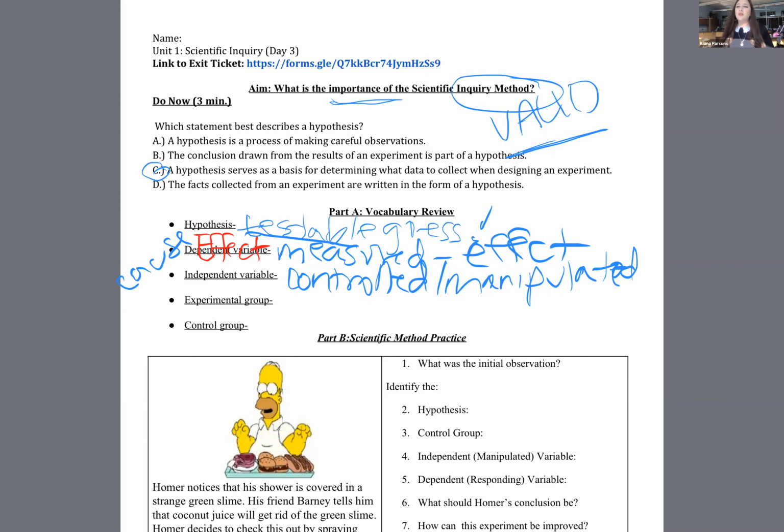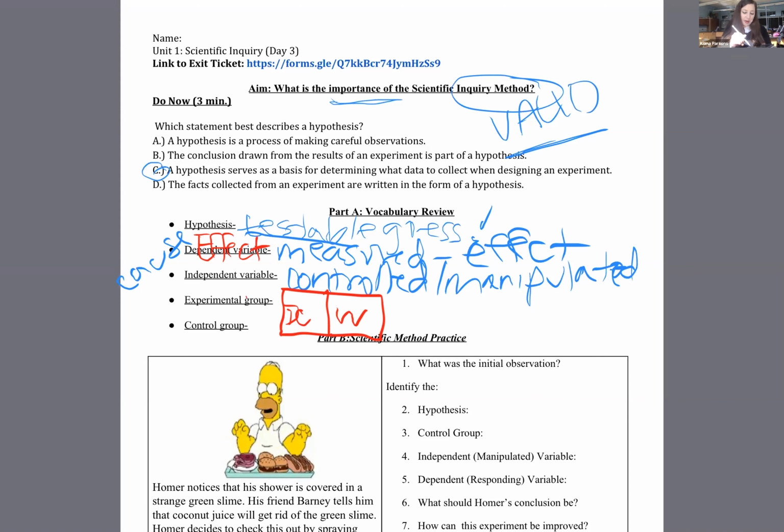The experimental group in an experiment, going back to that same example, we're using the scientific inquiry method now. We want to make a valid experiment instead of just tossing Diet Coke in the plant in my office. So we'll have two groups. We'll have the group that had plants watered with Diet Coke and the group that had plants watered with water, because that is typically what you use to grow plants.